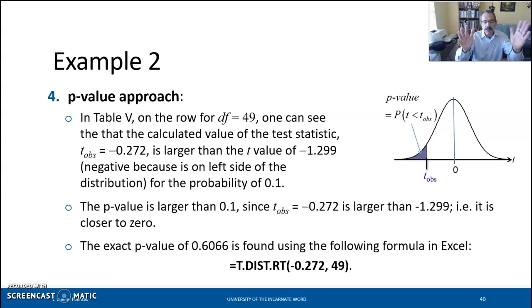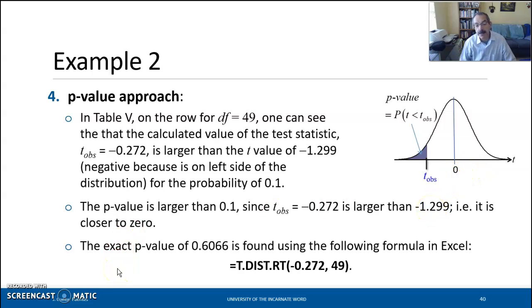And remember, what the table shows you is the t-values on the right side, but by symmetry, you can look at them on the left side and just put the negative value. All right, so we see that the p-value is going to be larger than 0.1 because negative 0.272 is larger than negative 1.299. And you can see that because minus 0.272 is closer to 0 than this value.